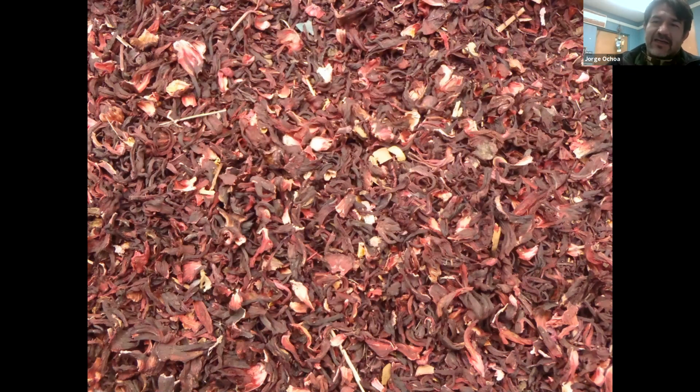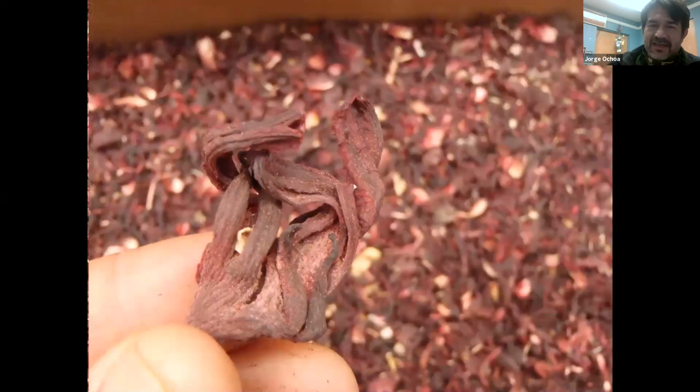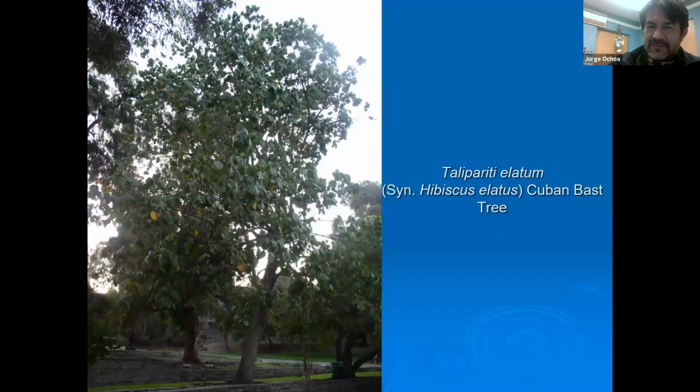But Jamaica, or Hibiscus sabdariffa, has its origin in Africa, but now it's associated with Latin America. So just be aware of that. So there's a dry bract, which still has all of those great antioxidants, and it's good for you to drink.